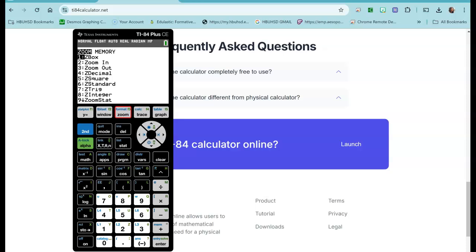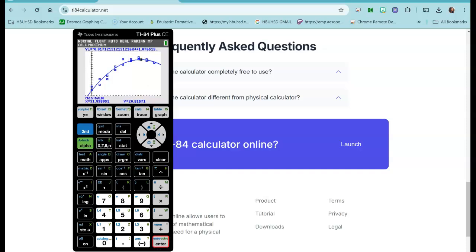Hit zoom and ZoomStat, which is number 9. Now this is what we have. We want the optimal amount, so we're going to trace for the maximum. Second trace, maximum, which is number 4. Right bound sounds about right there. Hit enter, go over. Now it wants you to put the cursor at the right bound.